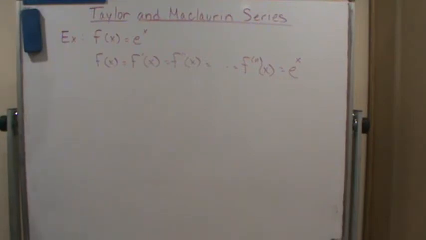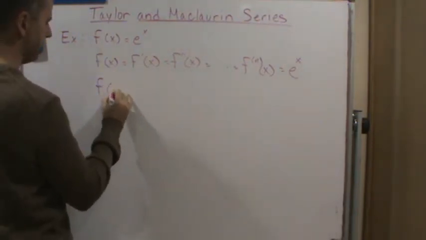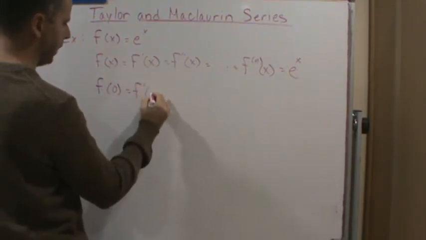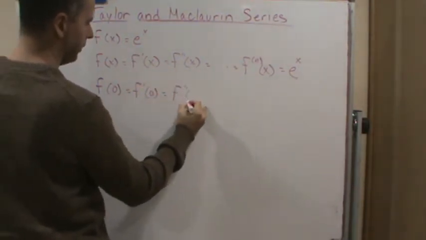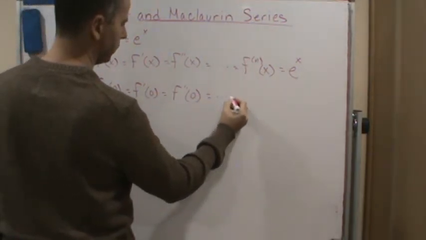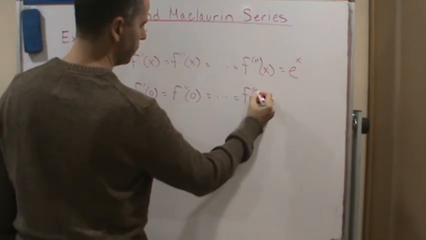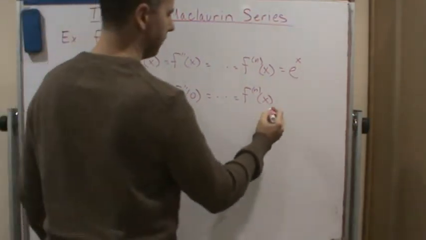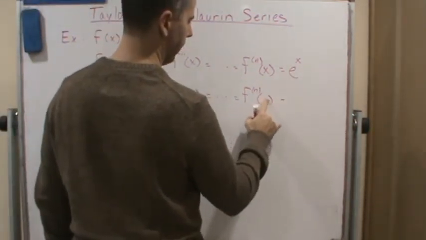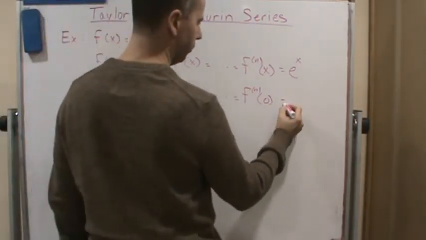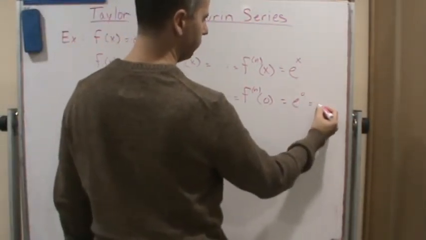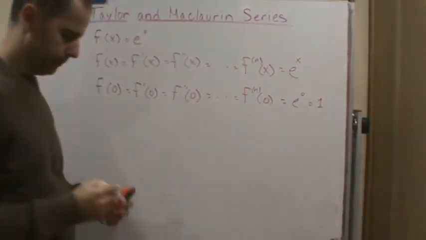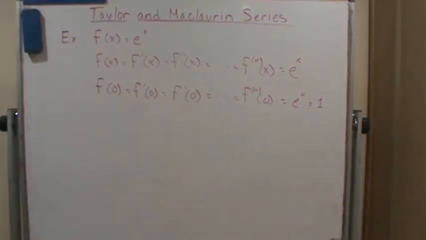Which means that f of 0 equals f prime of 0, which equals f double prime of 0, which equals the nth derivative of f at 0, which is equal to e to the 0, which equals 1. So that makes things pretty easy to deal with.